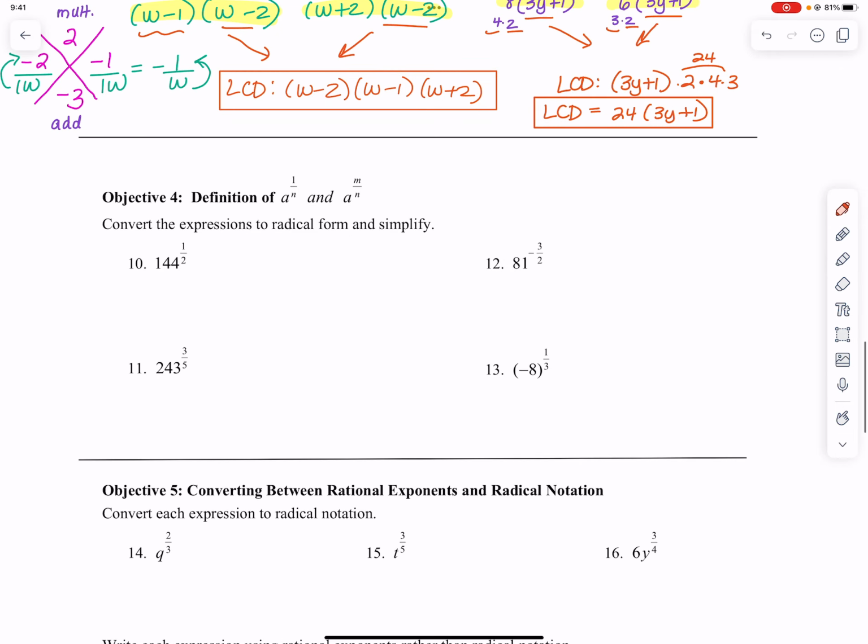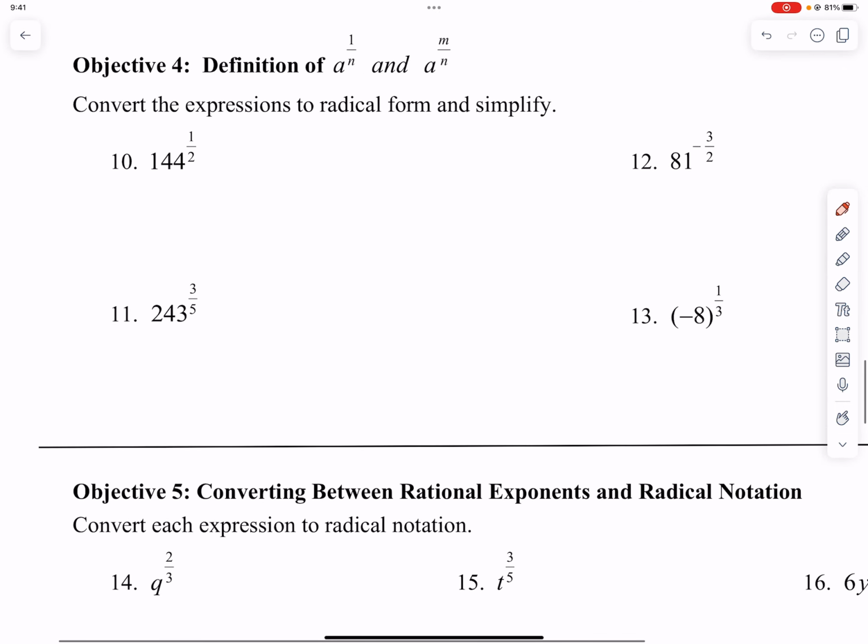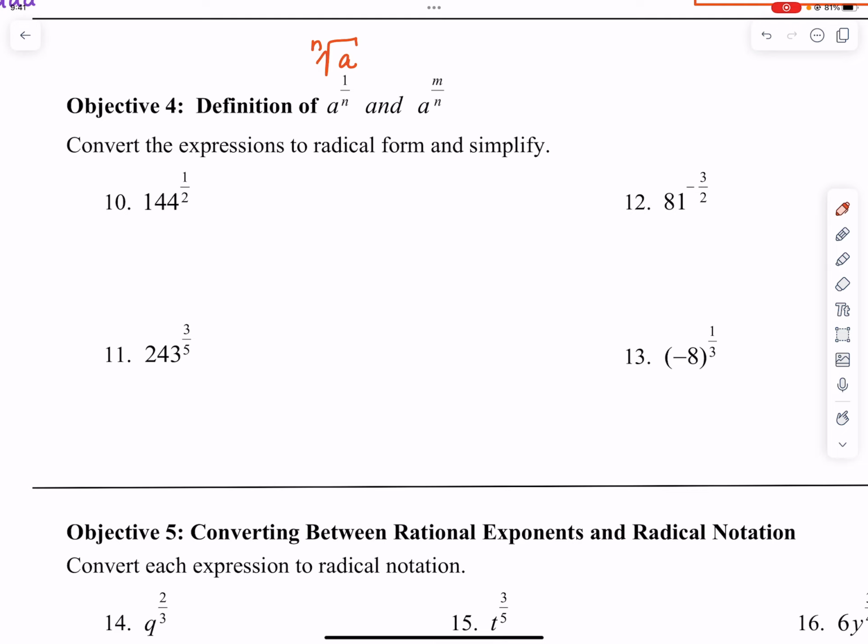Okay, objective number 4. The definition of these two exponential expressions. Okay, let me tell you that this right here is equal to the nth root of a. And this right here is the nth root of a to the m.